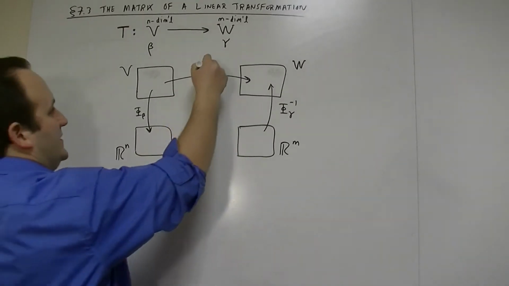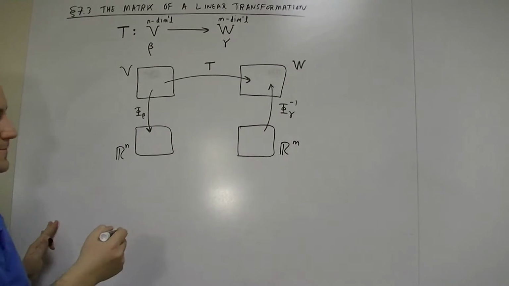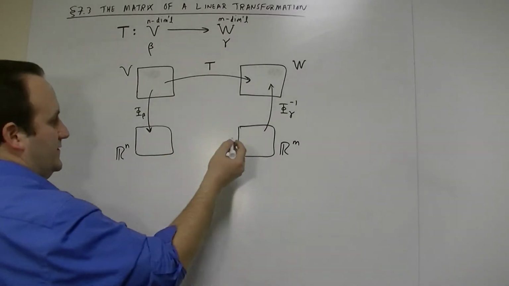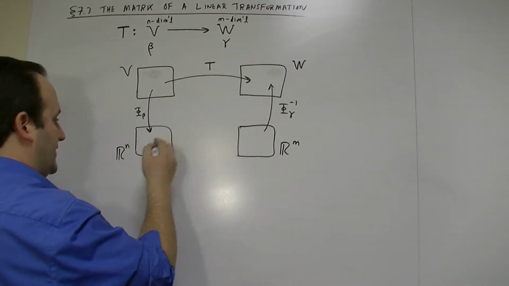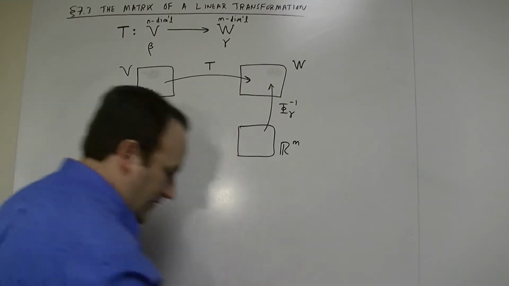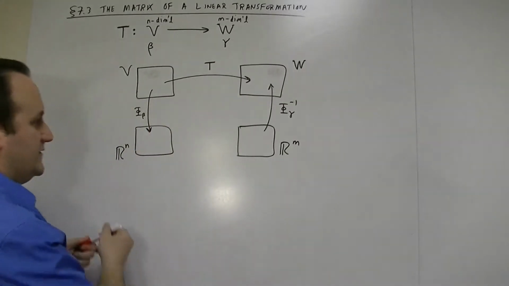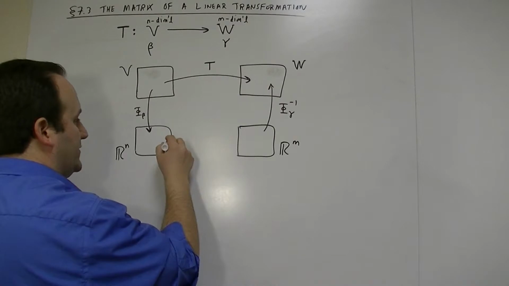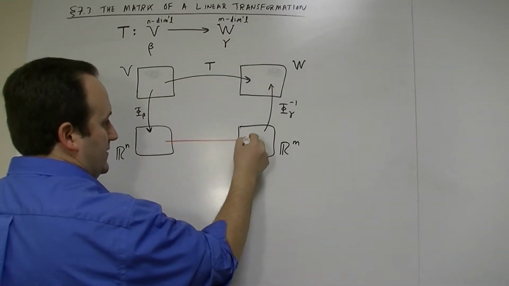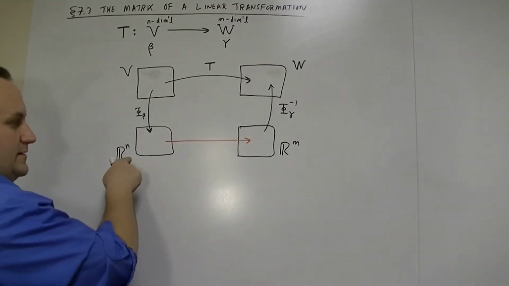And this is the T. So basically, we ought to be able to build some kind of mapping downstairs. Down there is the world that we know and love from earlier in the course. Here we're looking at a mapping from Rn to Rm.